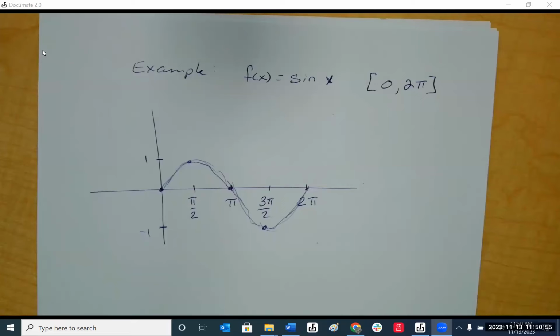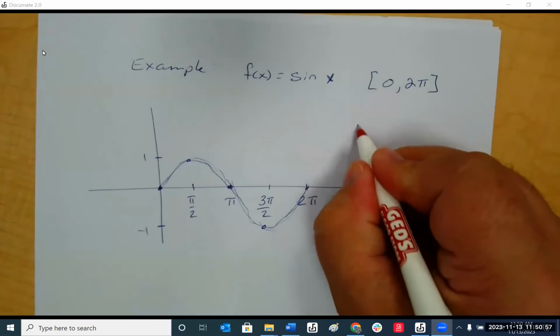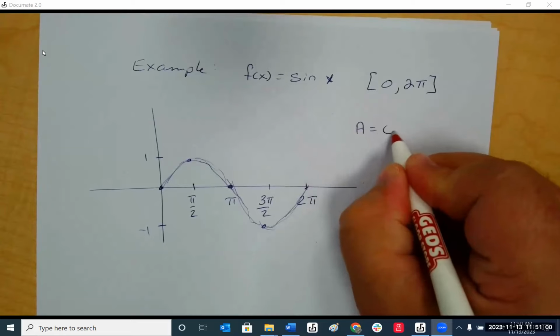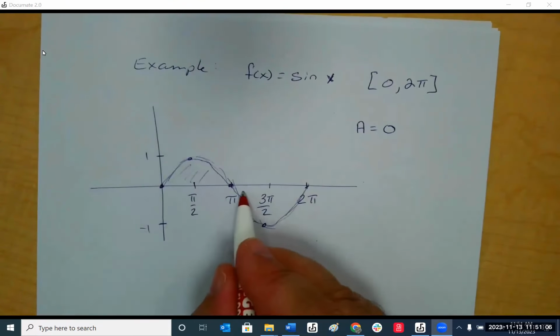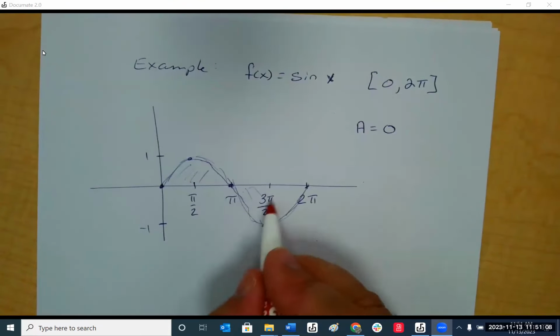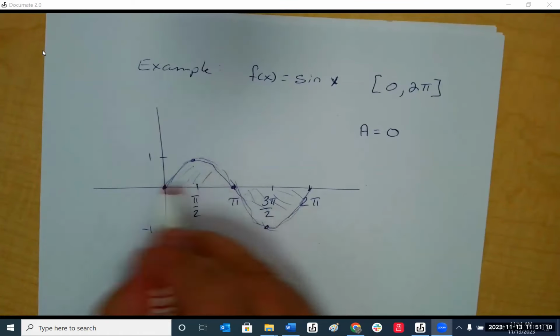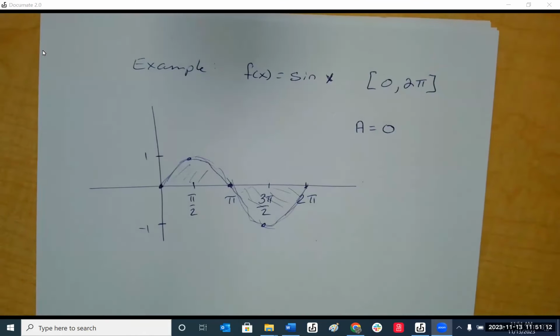What's it going to be? Oh, yeah, because you have negative area there. We have two separate areas, one positive and one negative, of the same size. So when I add them together, they go to 0.